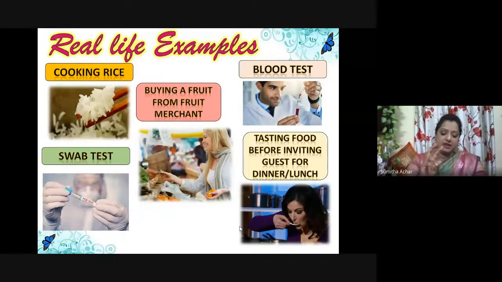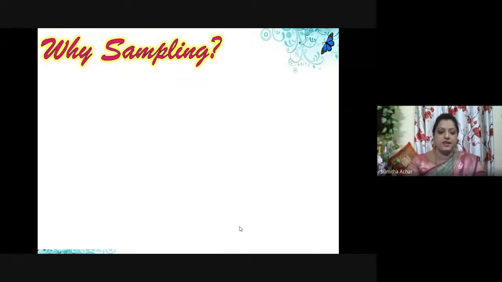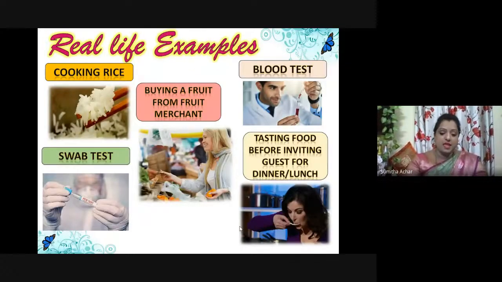Again, I make a difference between sampling and inference, right? Sampling is a process of selecting samples from the population, and statistical inference is a branch of statistics where from the samples you try to make conclusions about the populations, right? So this is the difference between sampling and inference.